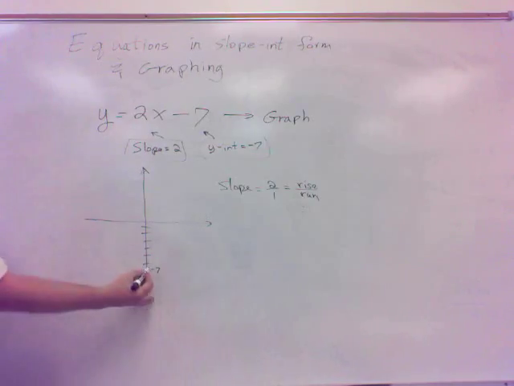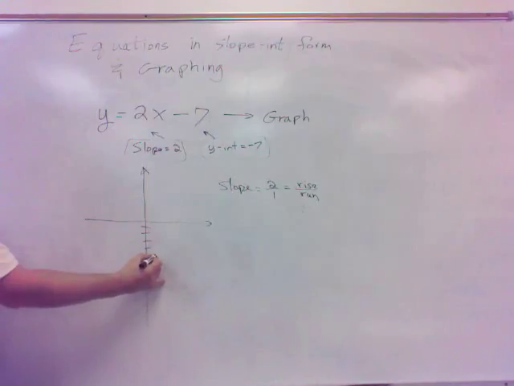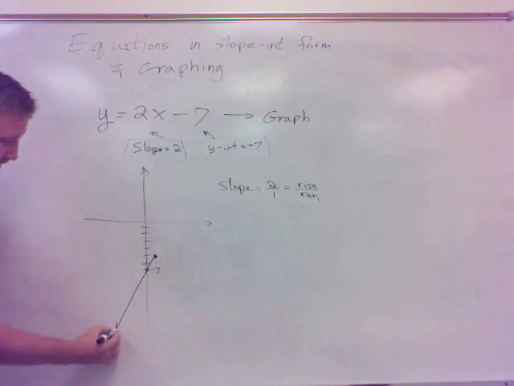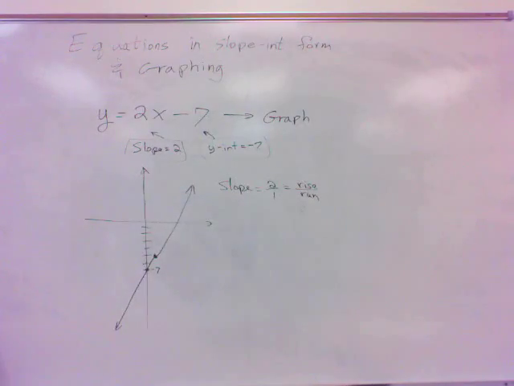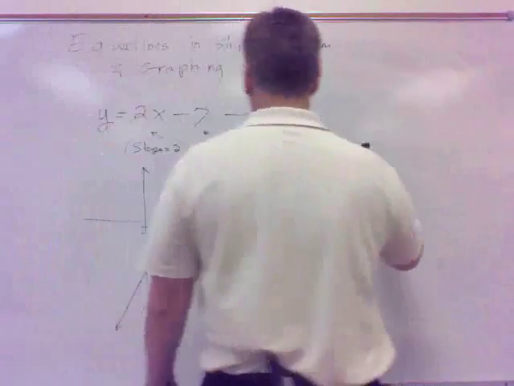Rise 2, run 1. There's another point right there. Two points determine a line. So if we've got it in y equals mx plus b form, I went through it a little slower than usual, but that's an easy way of graphing those.